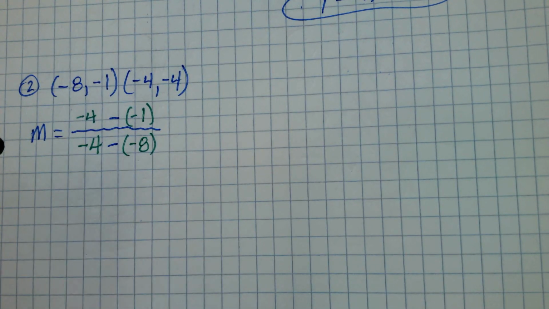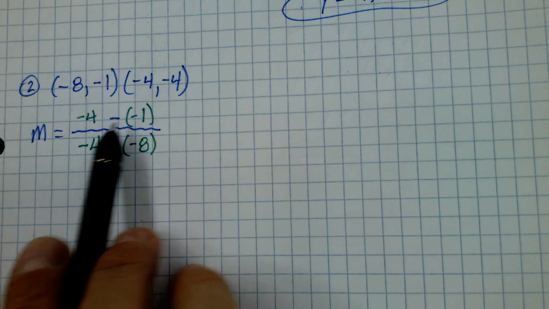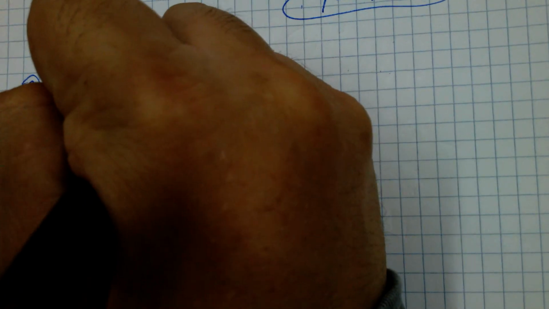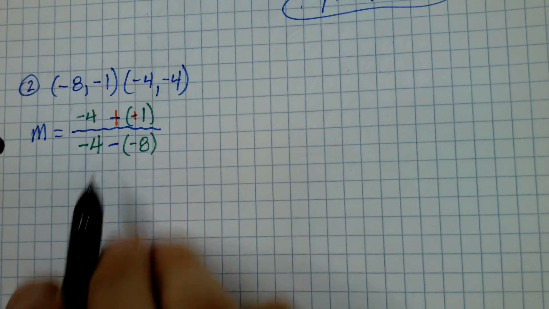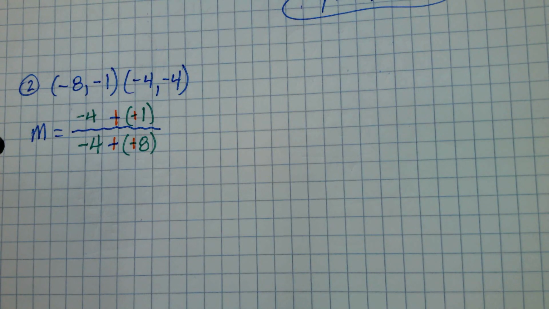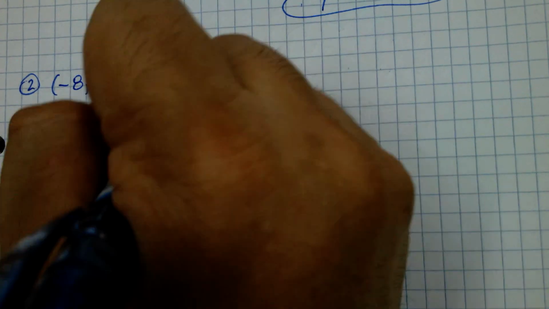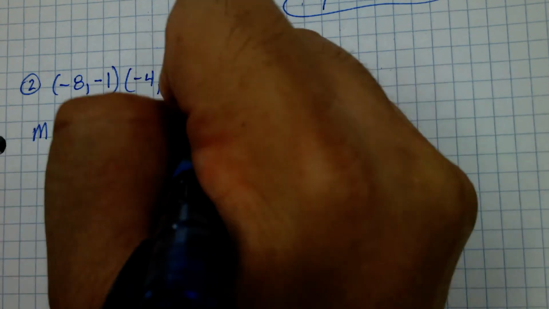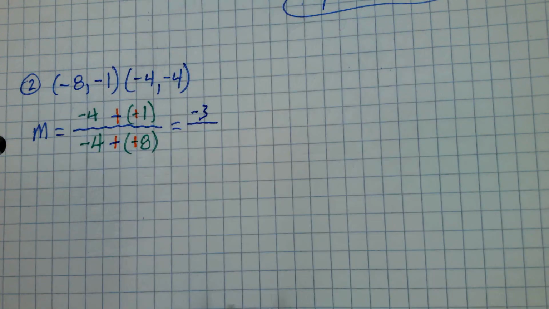We have negative numbers. It's a good idea to do keep, change, flip. So keep, change to addition, flip it, keep it, change to addition, flip it. Okay, and let's see what happens. We have negative 4 plus 1. That's negative 3.